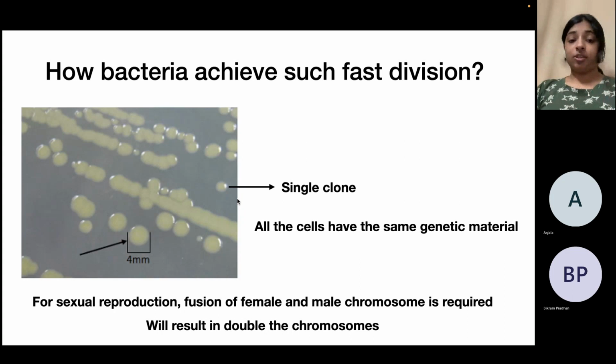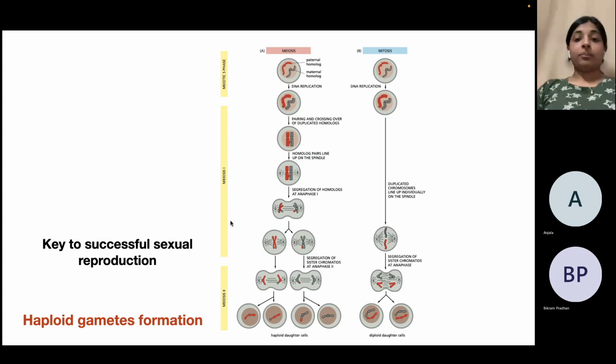If the DNA content is not halved, with every fusion there will be a doubling in the amount of chromosomes present in the cell, and this will lead to catastrophic amounts very quickly. So, meiosis, which is the event that results in the halving of the DNA content, is the key to successful sexual reproduction.